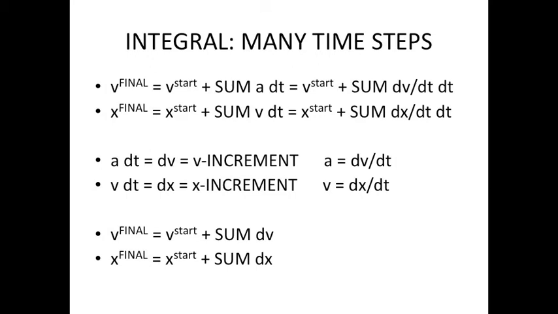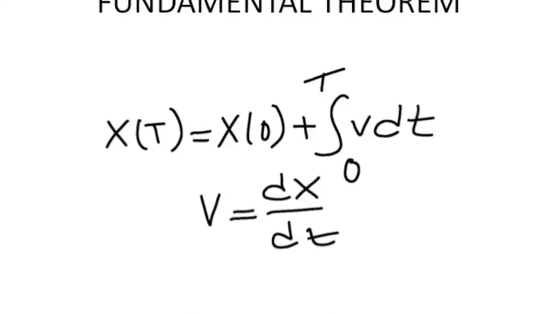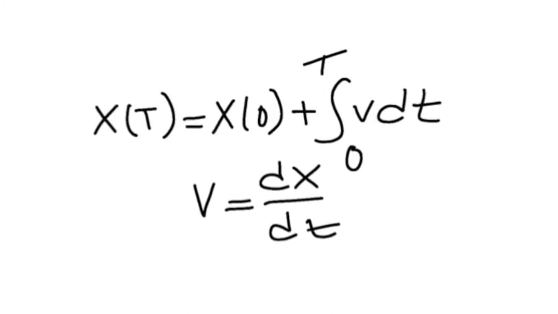The final velocity v final is equal to the initial velocity v initial plus the sum of all velocity increments dv of the form acceleration a times dt. Similarly, the final position is equal to the initial position plus the sum of all position increments dx of the form velocity v times dt. As follows, with the S-like integral sign as a form of summation sign.